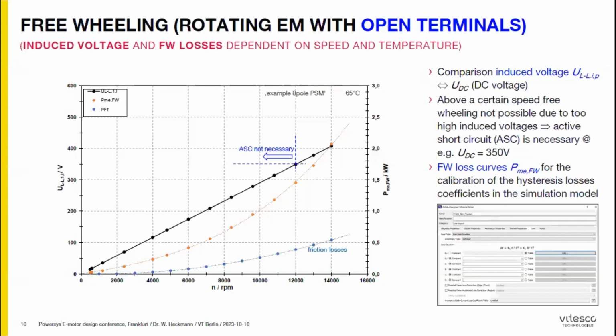And this can then be used for the calibration of my simulated losses. So I can see, okay, I have measured here, I don't know, 2 kilowatts of losses at 14,000 RPM, and then this can be matched with the simulated values.